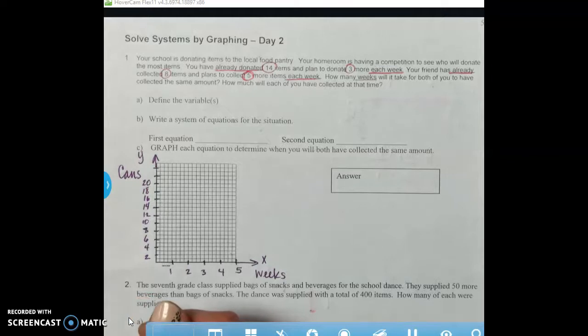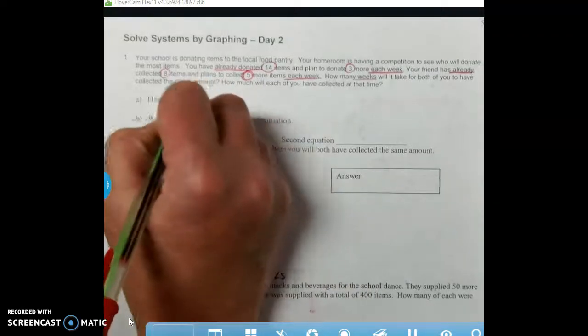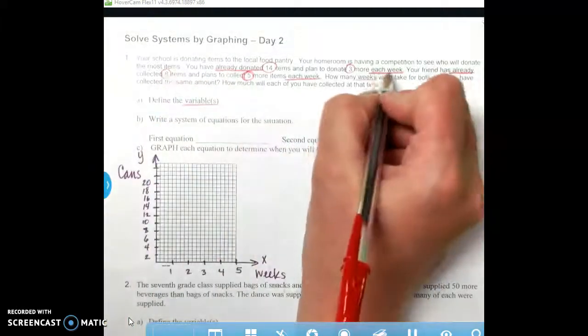Here's the situation. Once again, we are describing 2 people. Both of these people, you and your friend, are having a similar situation. You already brought cans and you're collecting some each week. Let's talk about the underlining that I was doing.